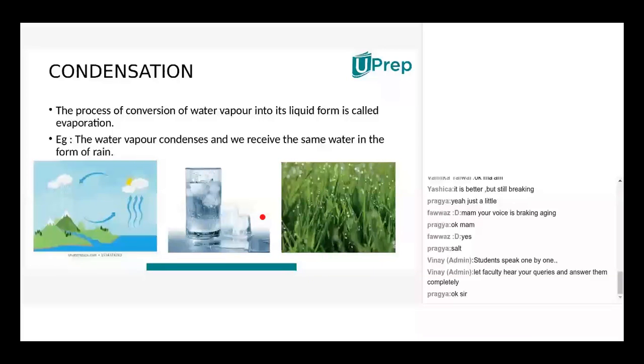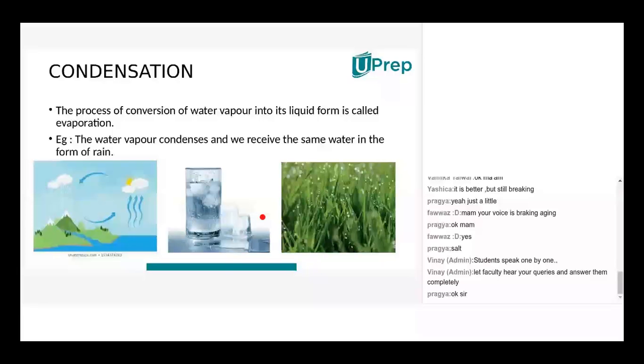Ma'am, can I answer? Yes, dear. Yes, Pragya. Ma'am, when we evaporate something in a tumbler and then cap it with a lid, the vapor in the air cools down on the lid and forms water droplets.